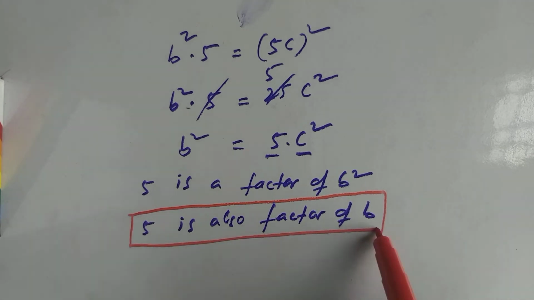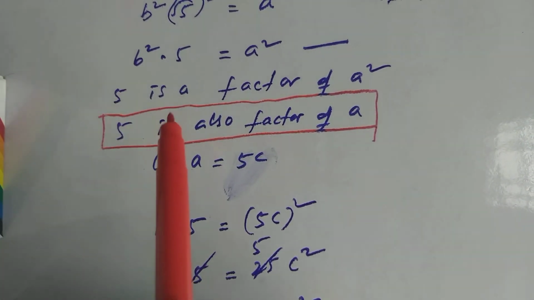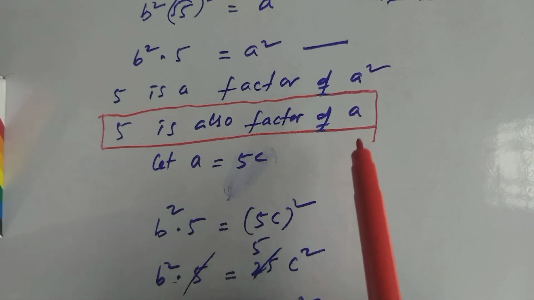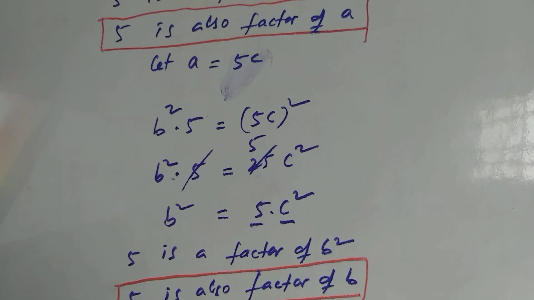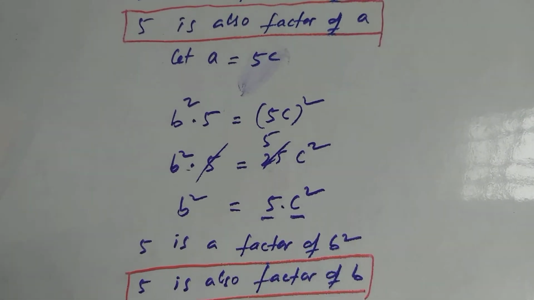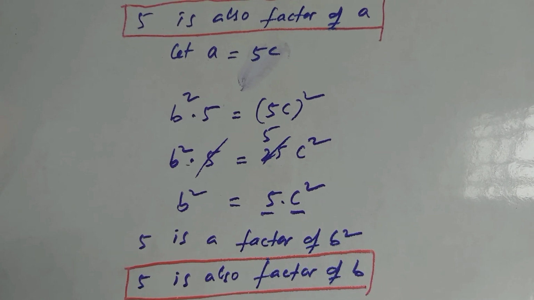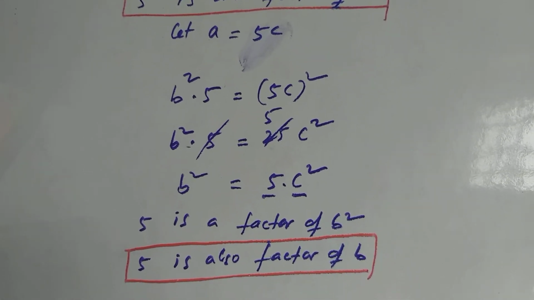Now I already put one box, I want to move back. So here 5 is a factor of a. Now 5 is a factor of b. You can see here 5 is a factor of a, 5 is a factor of b. So 5 is a common factor for a and b.